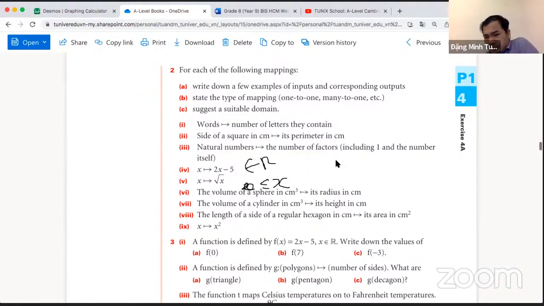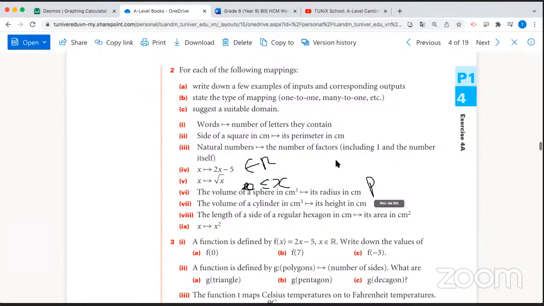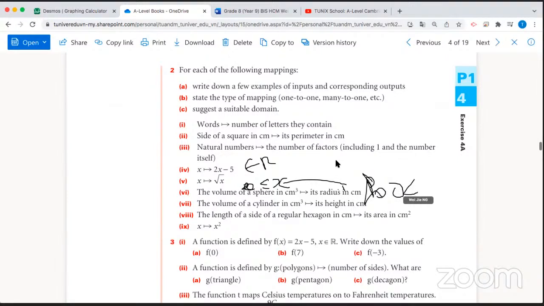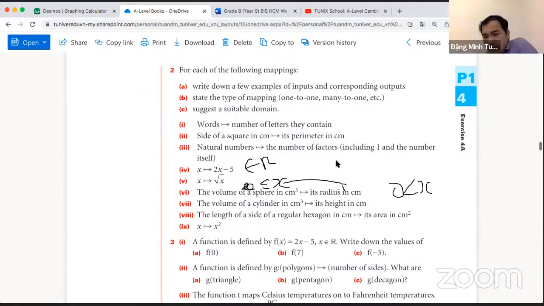It has to be a positive number, above 0. Because the radius cannot be 0, otherwise there's no such volume.